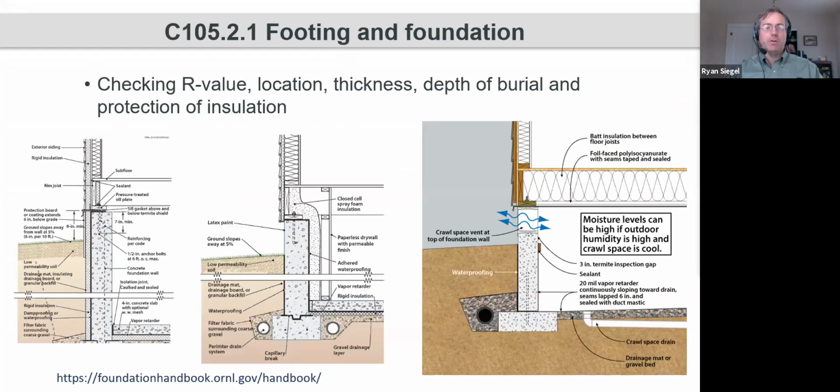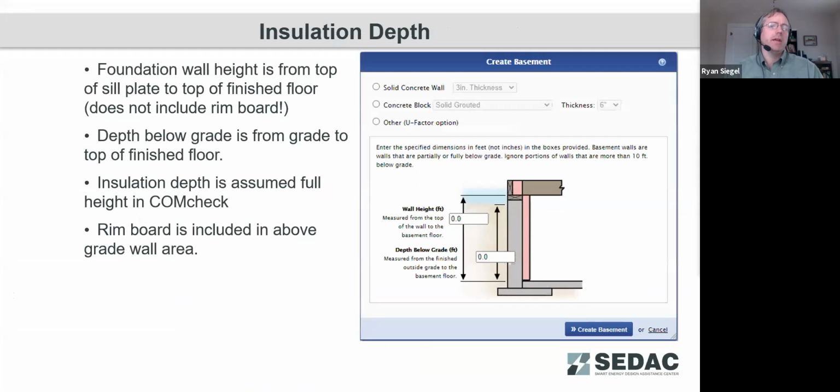First up, looking at our R value. Is our insulation in the right location? Is it the proper thickness? Do we have it buried appropriately, and is the insulation protected from physical damage or other damage? So this also may be fire protection for insulation depending on the type. So many different aspects that we need to be looking at as part of our inspection.